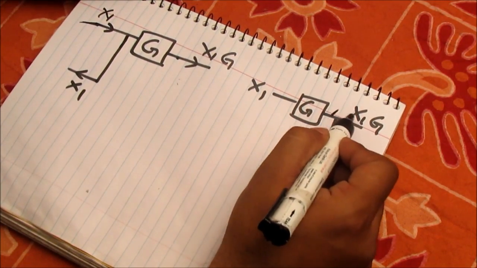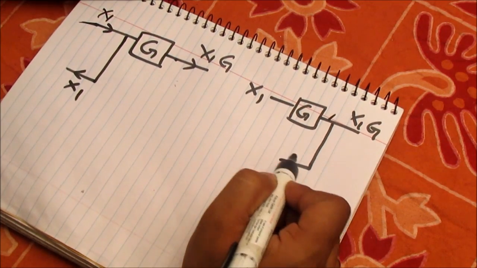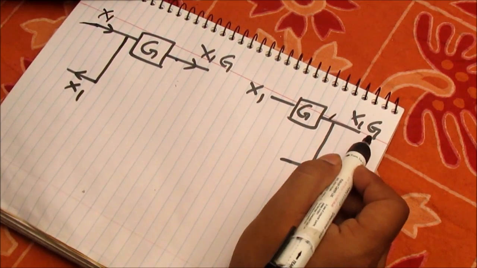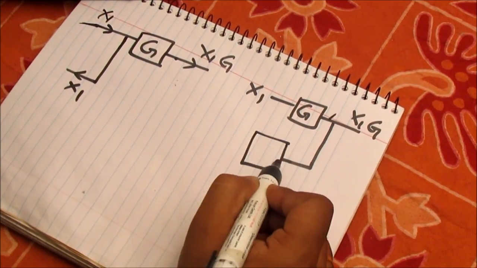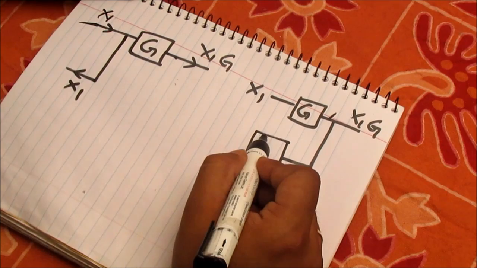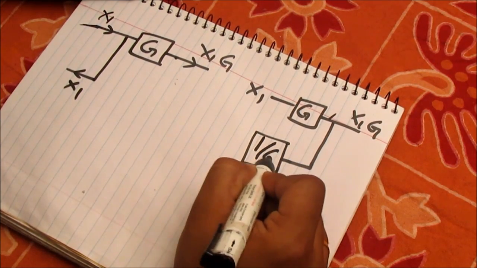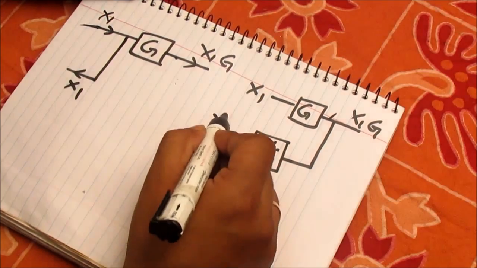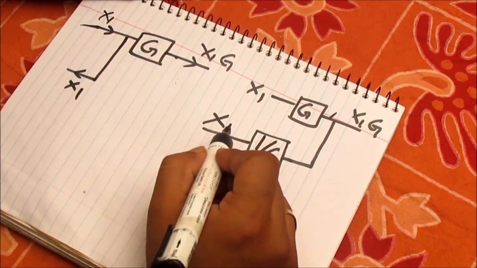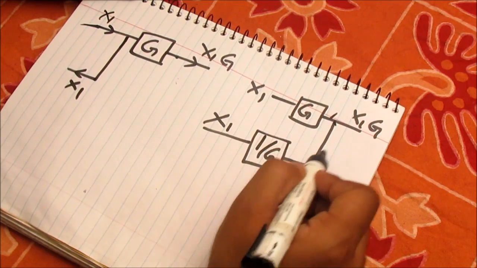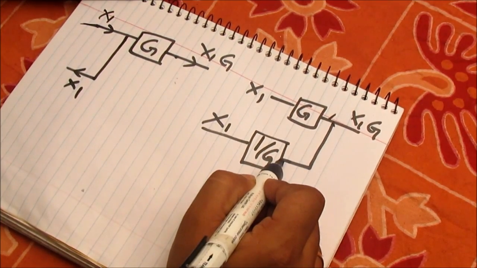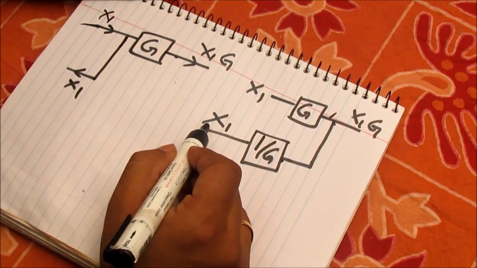But here the value is x1g, so I am getting the value of the takeoff point as x1g, but it should be x1. So what I will do, I will simply put a gain block which has the value of 1 by g, so that I will get the final value of this takeoff point as x1 only, because here it is x1g, it is getting multiplied by 1 by g, and I am getting x1.